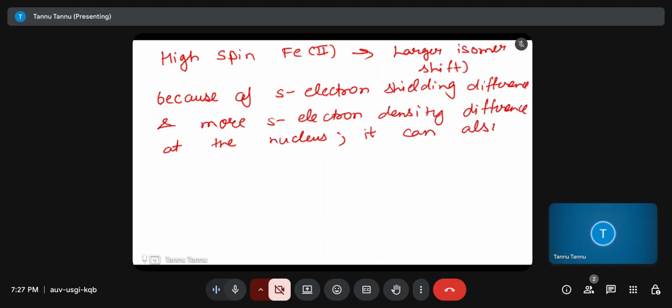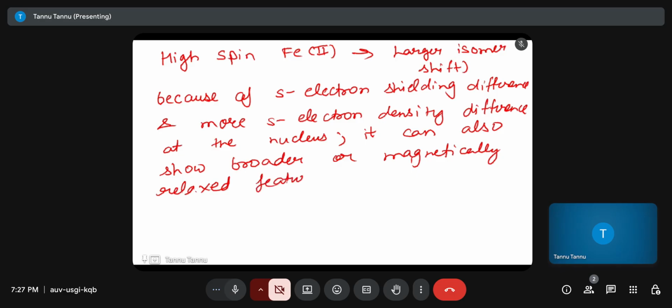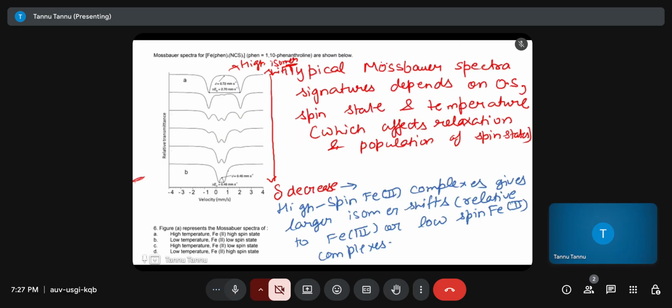It can also show broader or magnetically relaxed features at high temperature. So your right option should be high temperature Fe2+ high spin state complexes.